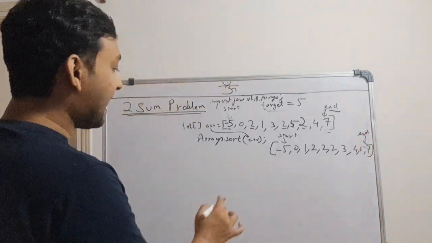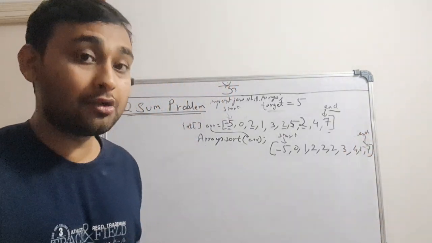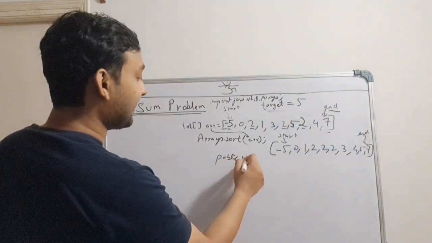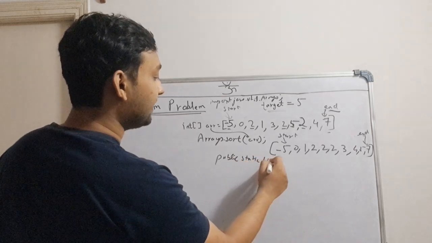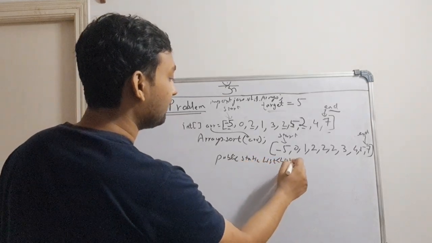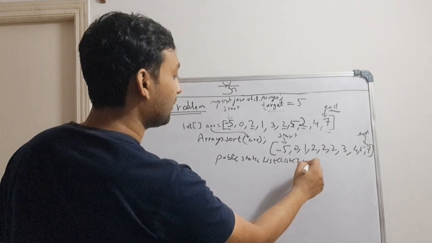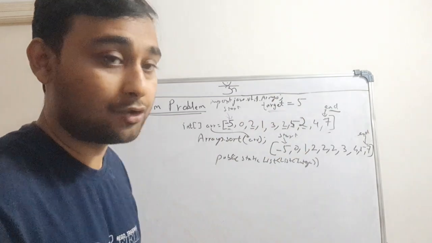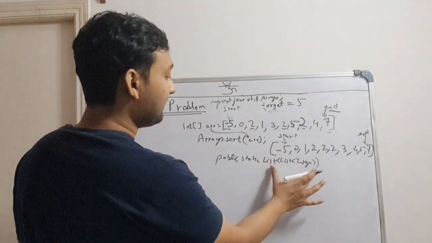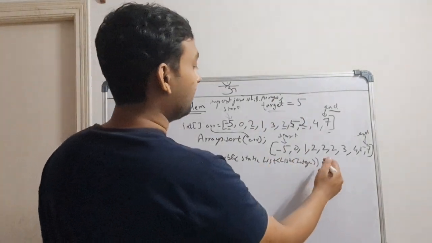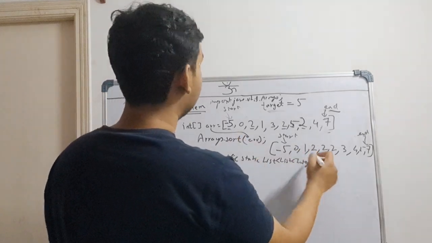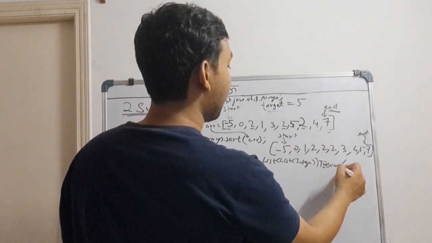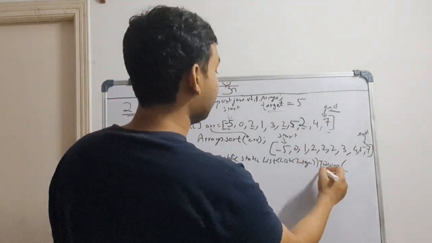I will create one method. We have to create our own method for that, so we create public static. The return type will be list of lists of integer, because we have to return the list of lists whose sum will be equal to my target value. Then the name of the method, like twoSum, and within that we have to pass this array.